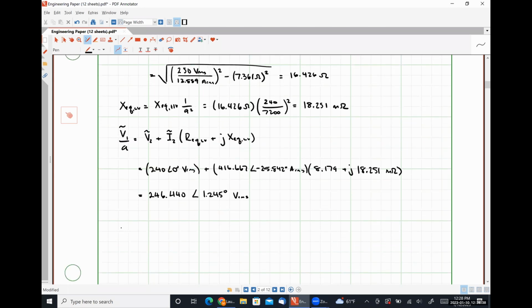Our percent voltage regulation is just going to be the magnitude of V1 over A minus the magnitude of V2 rated, which we already know, over V2 rated, times 100%.